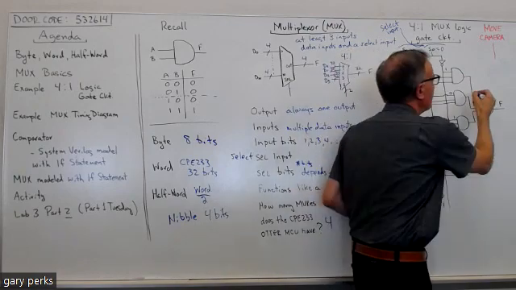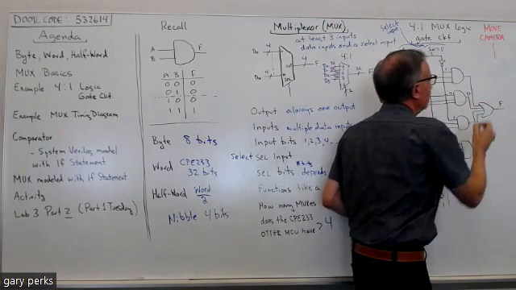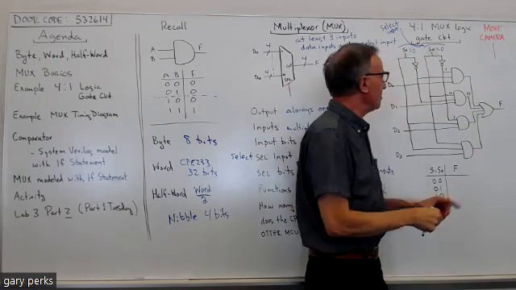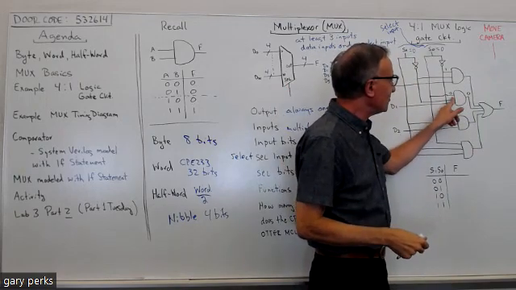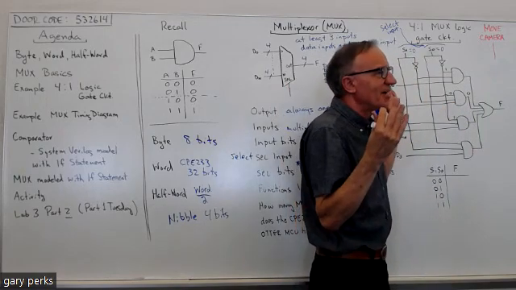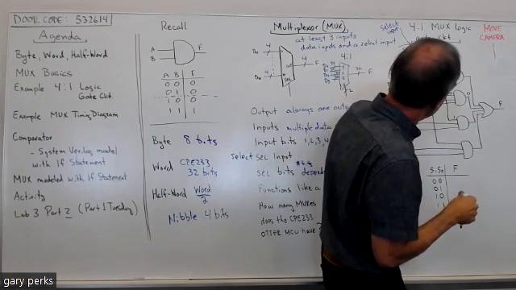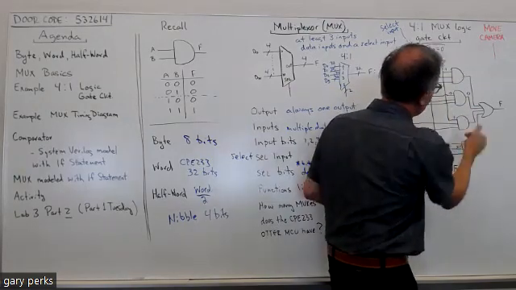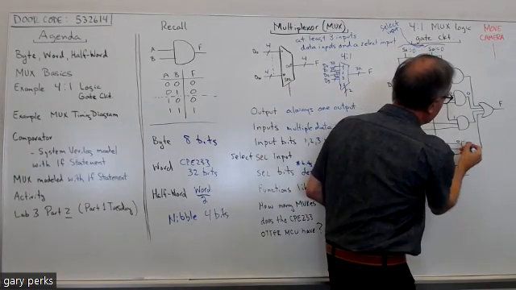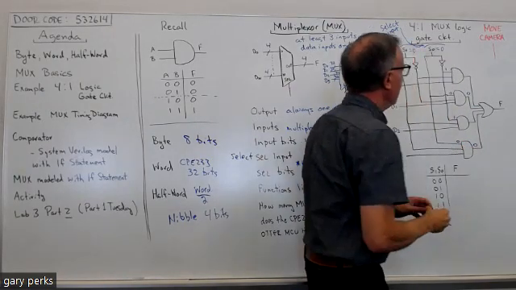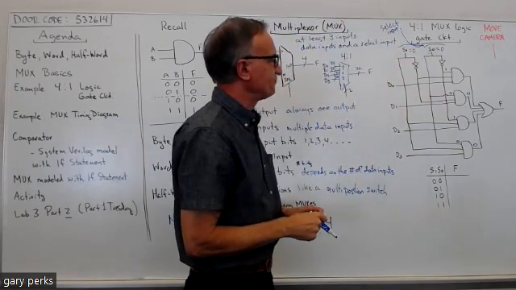The output's going to be 0 regardless. So you see, by understanding a truth table, I don't have to find what these inputs are because they're not going to matter. Likewise, there's going to be a 0 right here. So the output of this AND gate is going to be a 0.